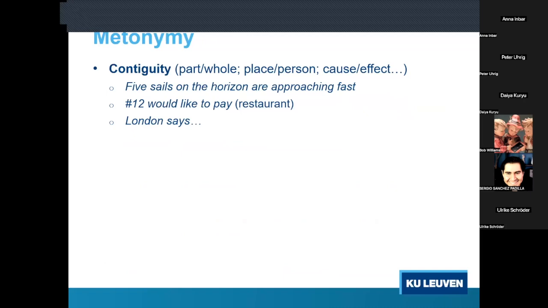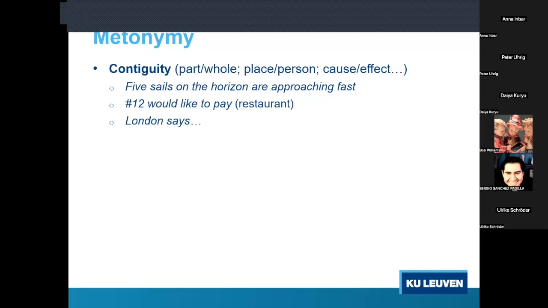And we're all familiar with metonymic relationships like part for whole, or whole standing for part, or a place standing for a person, or a cause for an effect, like in "those 5 sails on the horizon are approaching fast." Of course, we know that there is a ship attached to the sails, but it's the sails we perceive, we see, and it's much more convenient to label what we see and then do the closure by adding conceptually the ship to it. That's a typical example of metonymy.